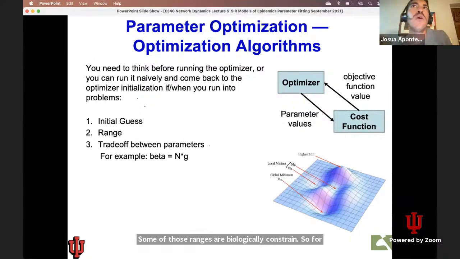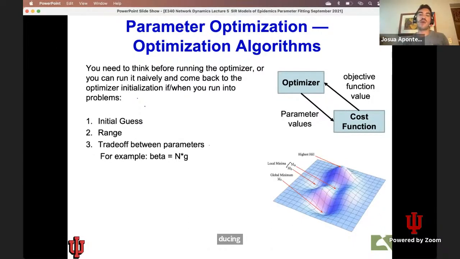So for example, one of the parameters that I'm trying to estimate in my research now is how long it takes for cells to start producing RSV, which is a respiratory virus, respiratory syncytial virus.